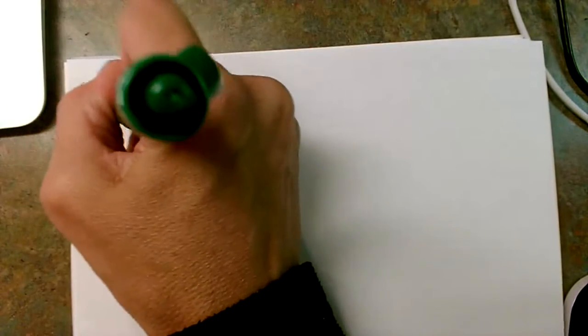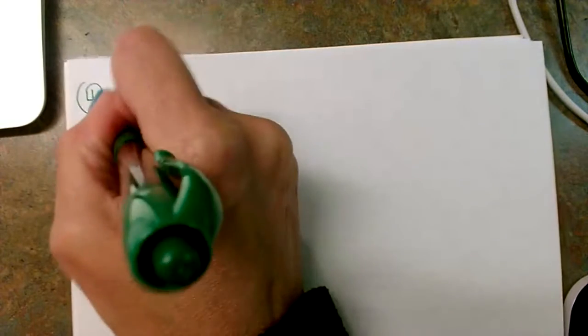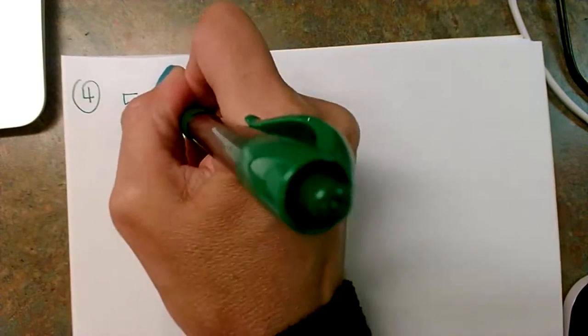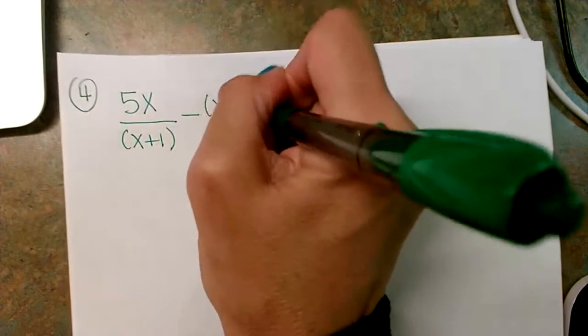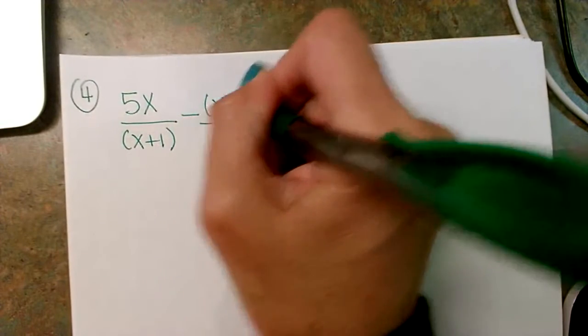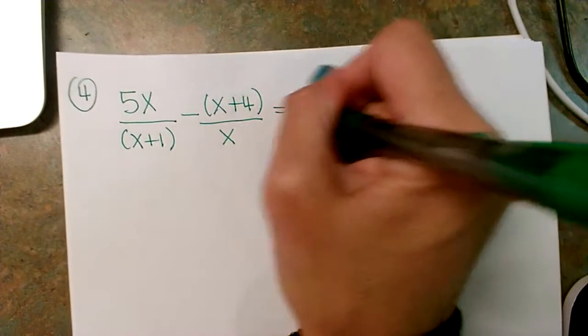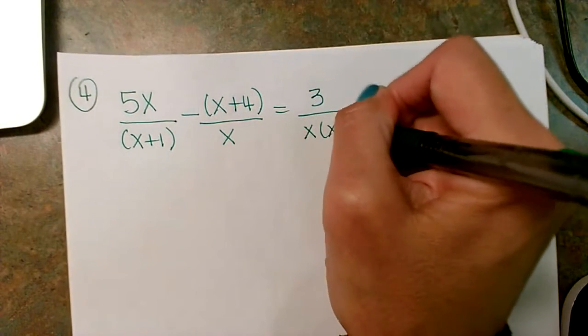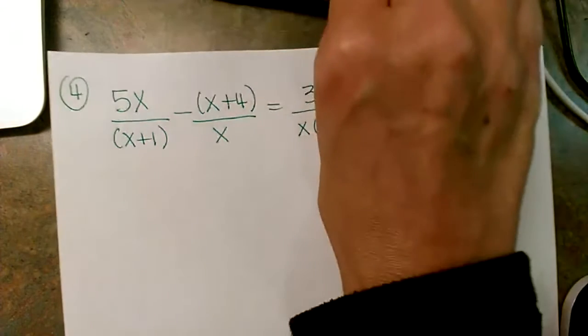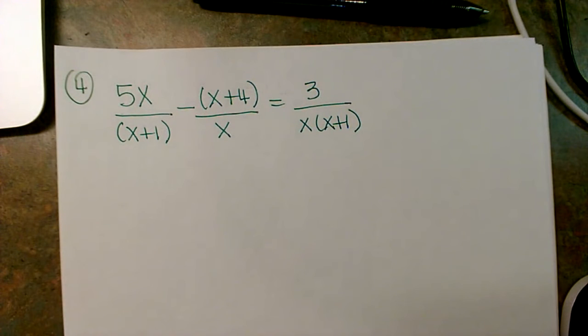So look at this one. We have 1, 2, 3, 4, 5x. So what do we do when we have different denominators in an equation?